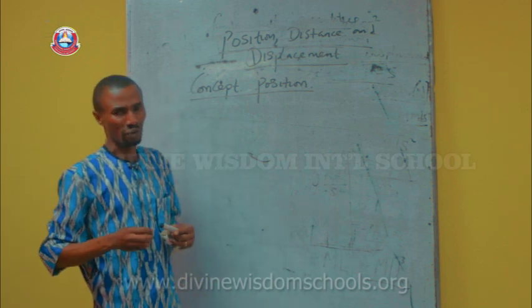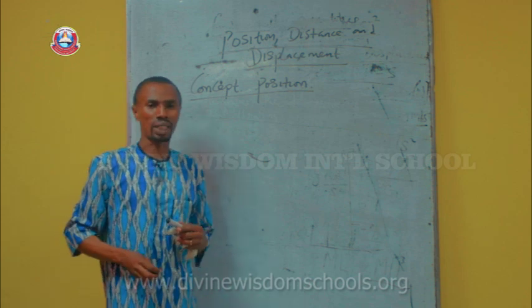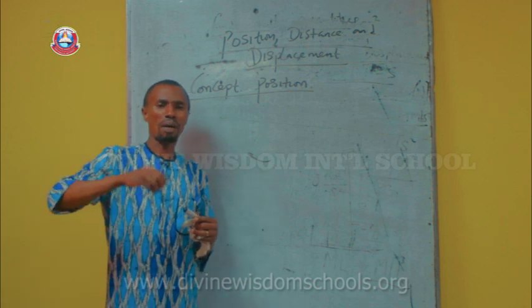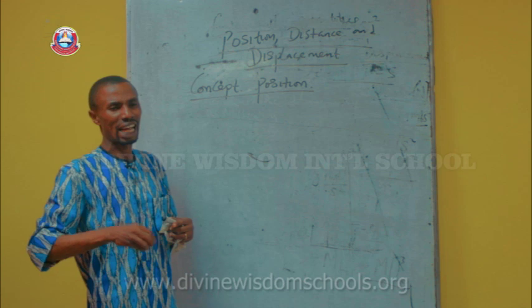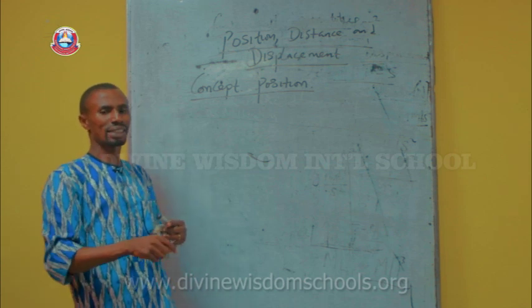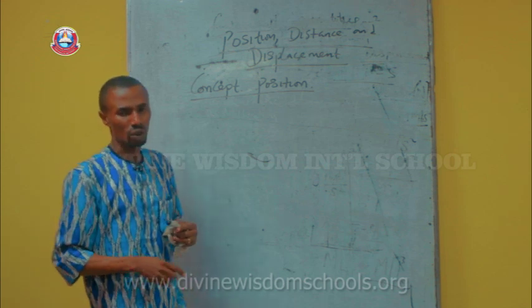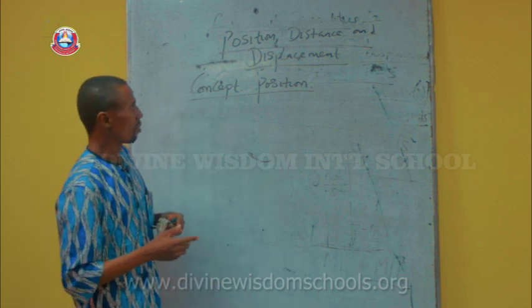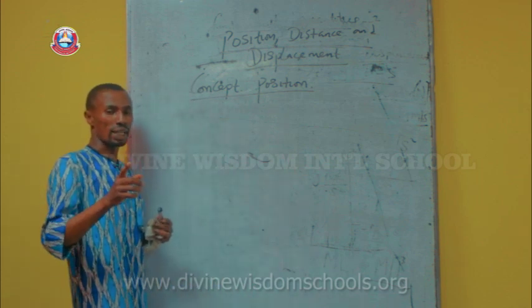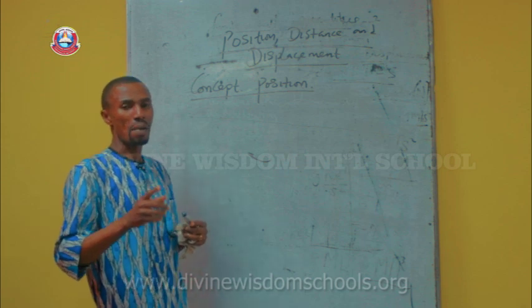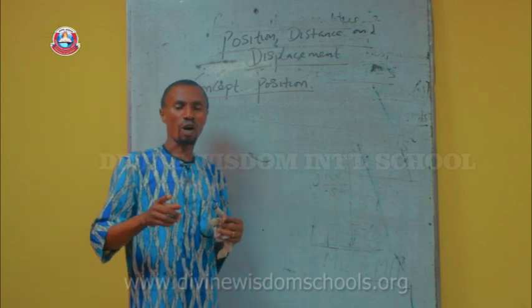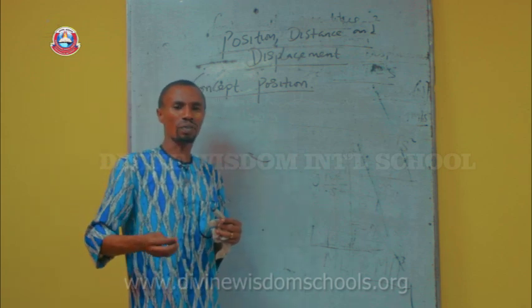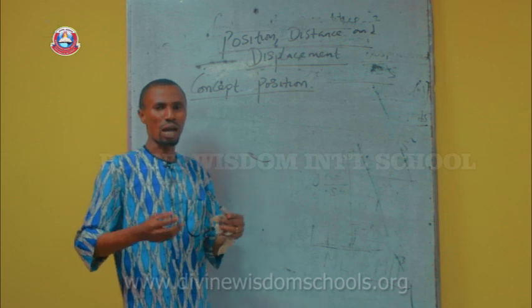Now, what do we mean by reference point? The reference point simply means a particular point that gives us the sense of direction to where the point or the body is. Now, the position of a point is a measure of the distance of the point with respect to the reference point. Now, what do I mean by that?